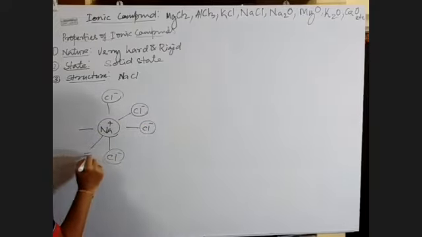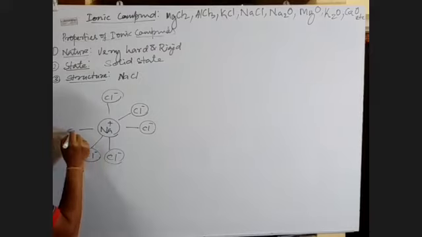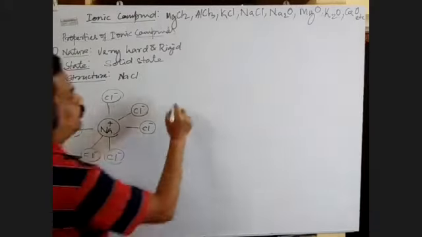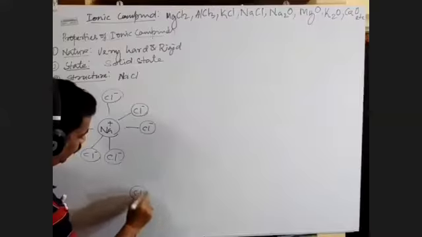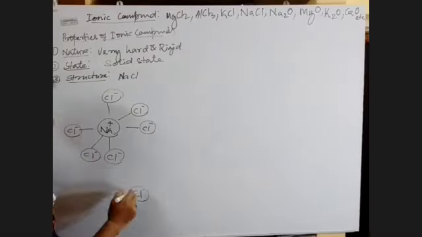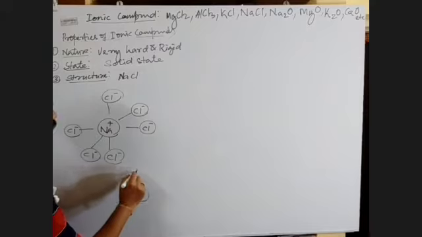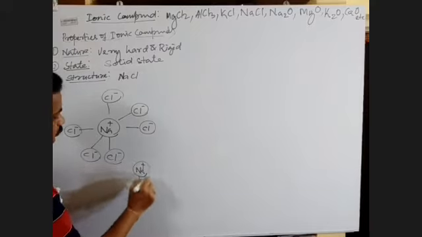And each chloride ion is surrounded by six sodium plus ions. So here I am drawing again.